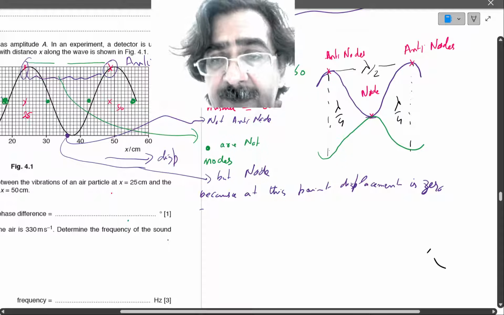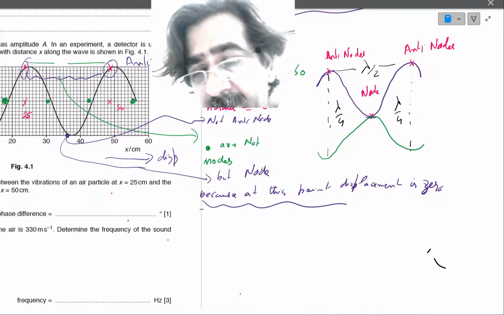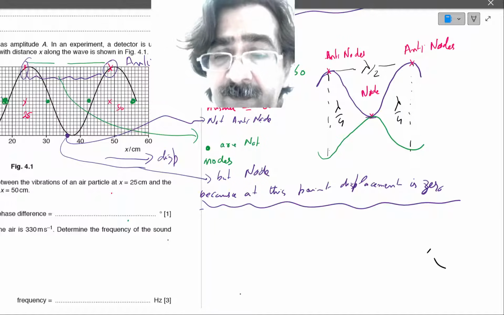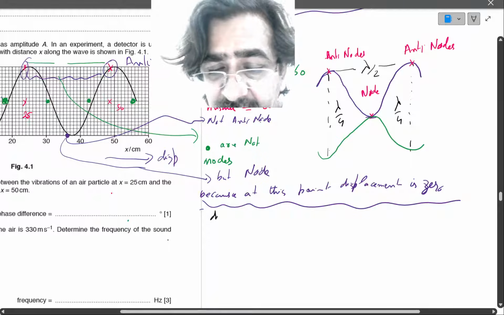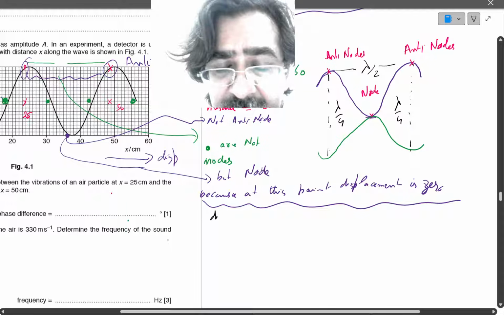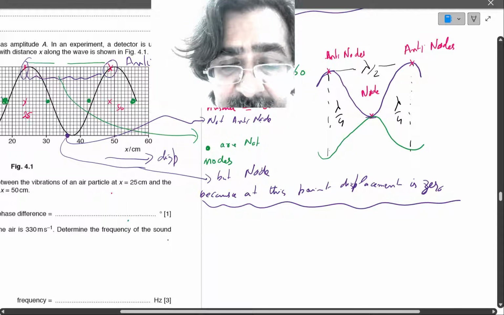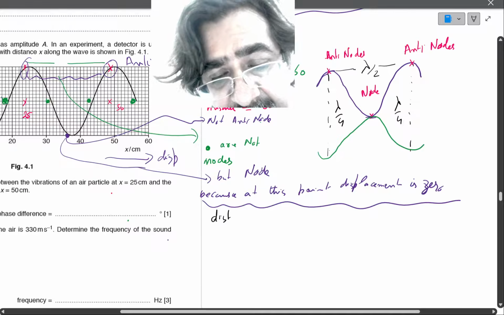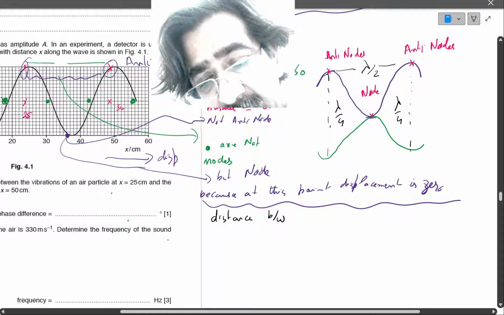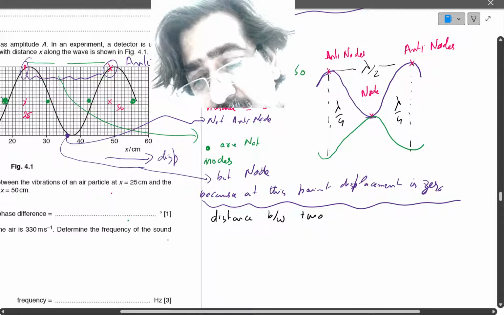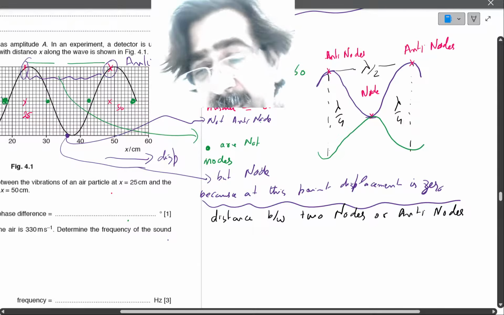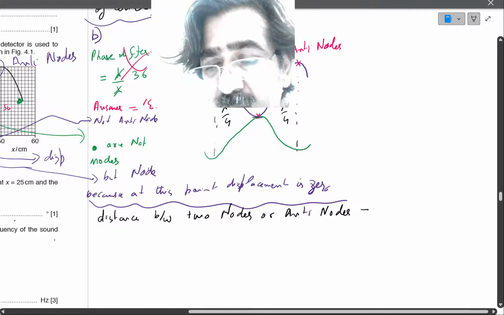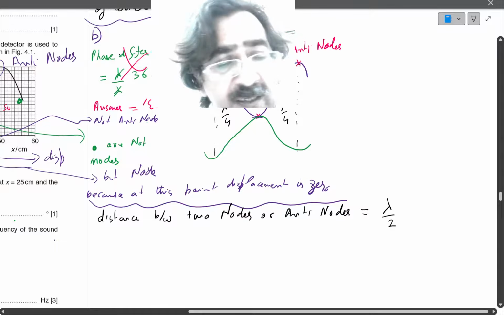So always remember that the distance between two nodes or antinodes is always half of lambda.